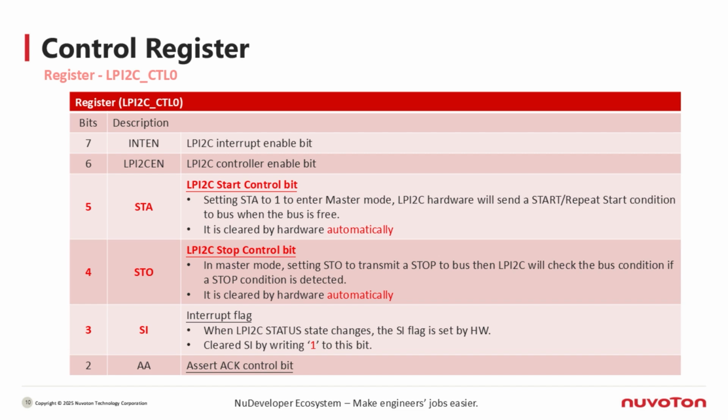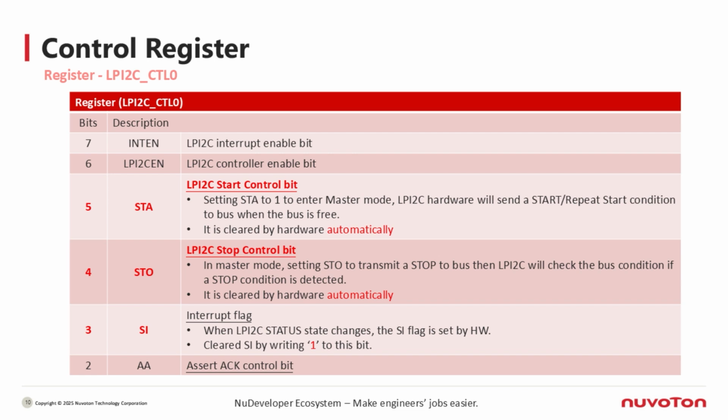This bit is used to generate the stop condition. In master mode, setting STO to 1 tells the low power I2C to end the current communication. Once the stop signal is successfully sent, the hardware will automatically clear this bit for you. You don't need to clear it manually.